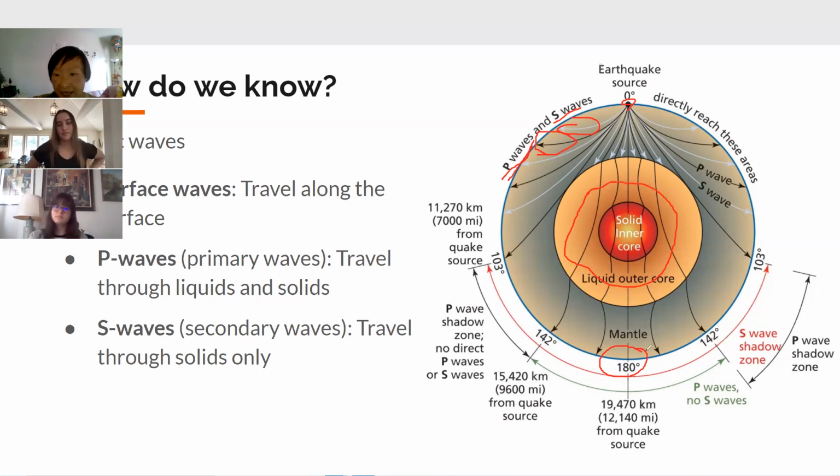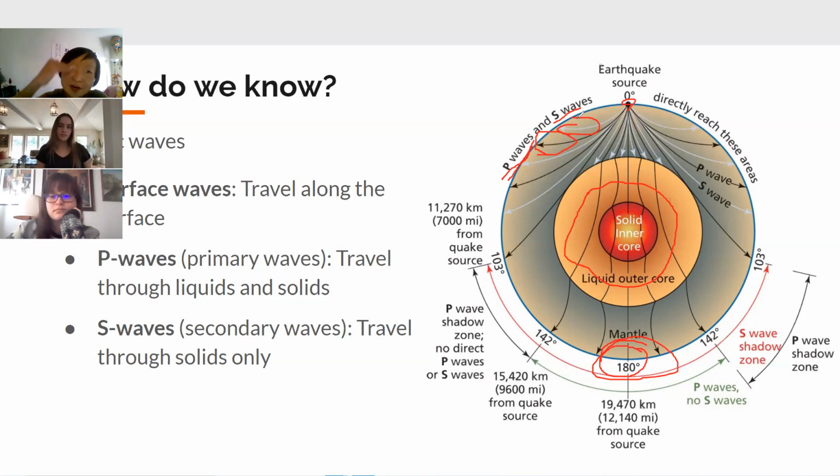On the other side, in the shadow of this liquid outer core, geologists cannot detect the S waves because they disappeared. They get absorbed by the liquid. That is how we discovered the liquid outer core, and we knew at that time our Earth is not solid.